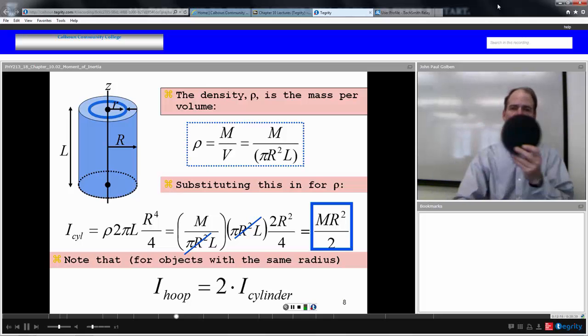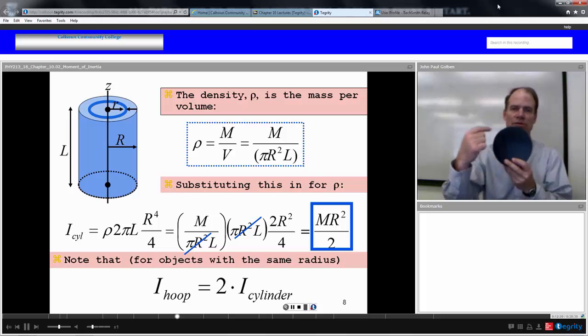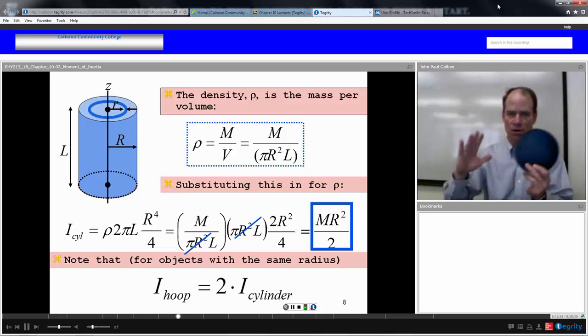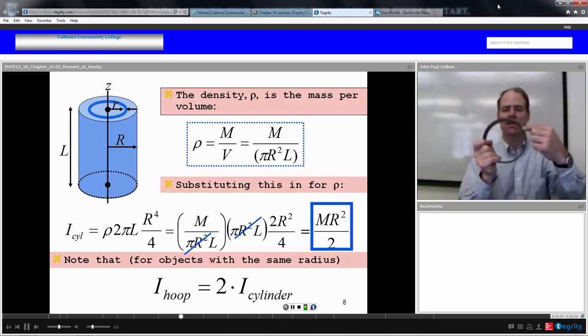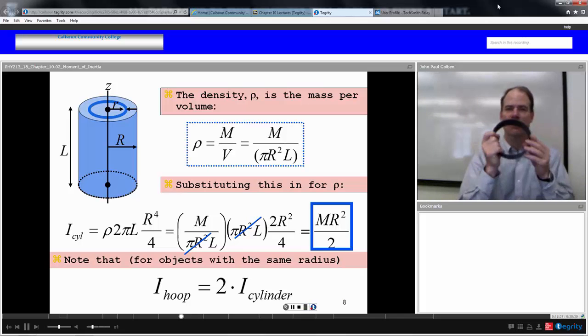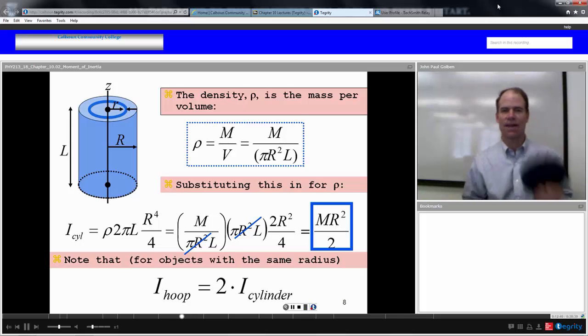Whereas the mass of the cylinder is distributed throughout the radius from 0 to r. So it's got more mass located at a smaller r to the interior of the cylinder. Hence, it's going to have a lesser moment of inertia than having all the mass located at a distance r away. So this has a greater moment of inertia than this.